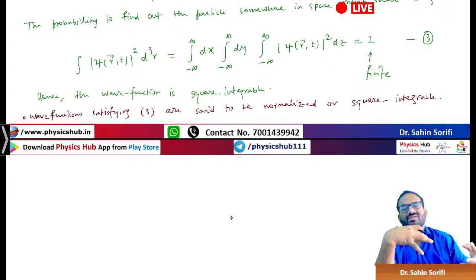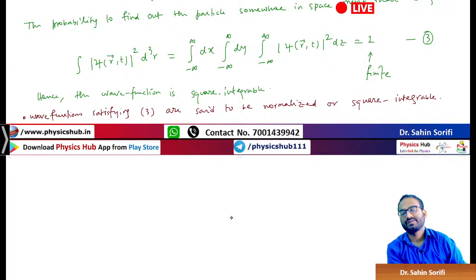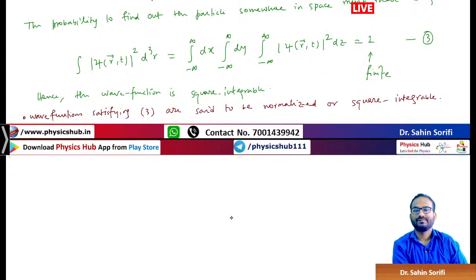So any wave function which is not square integrable is not a physically acceptable wave function. If you take this integral and get a diverging result, then you can say that this is not a valid wave function.